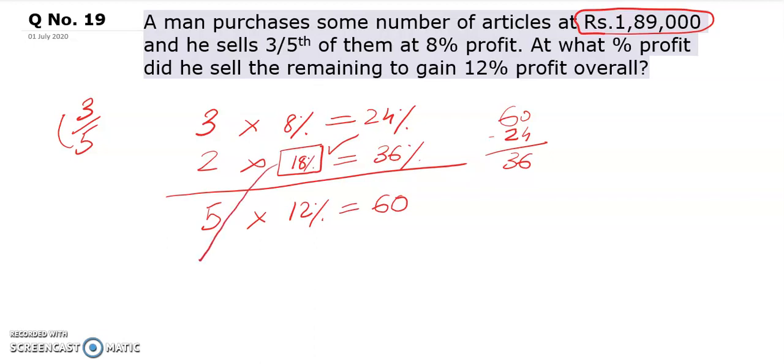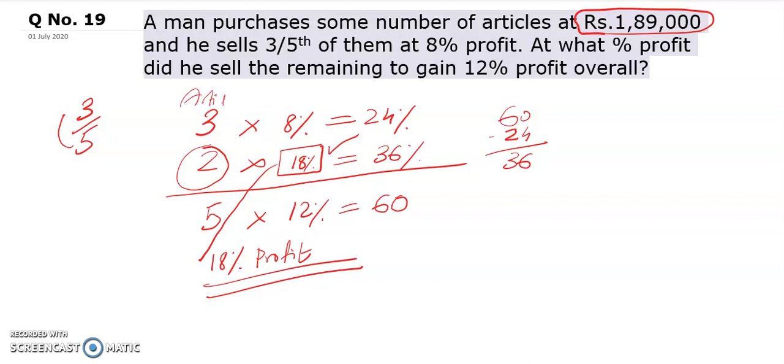So our answer is that the second part should be sold at 18% profit. This is articles and this is profit.